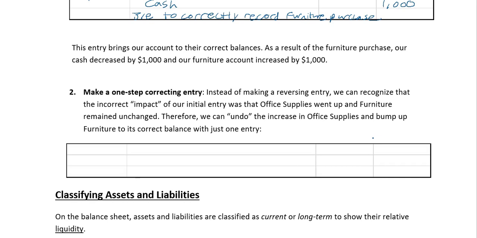So we can do a one-step entry just by moving office supplies down and furniture up. When we move furniture up, we do a debit of $1,000, and then to bring office supplies down, we will credit that account for $1,000.